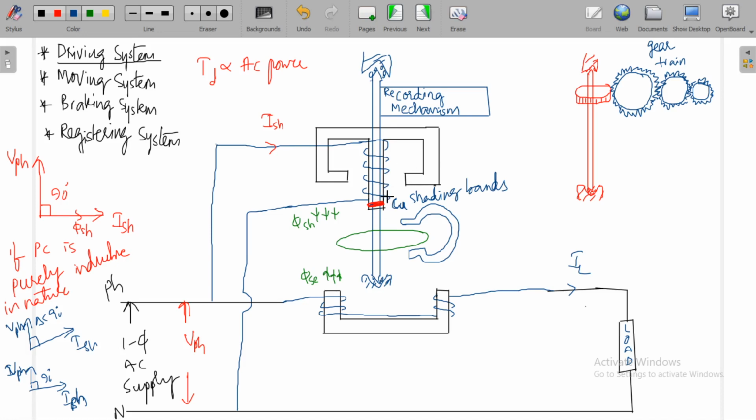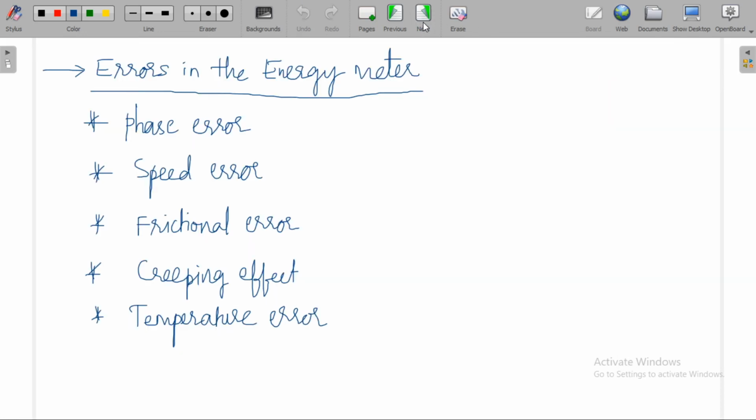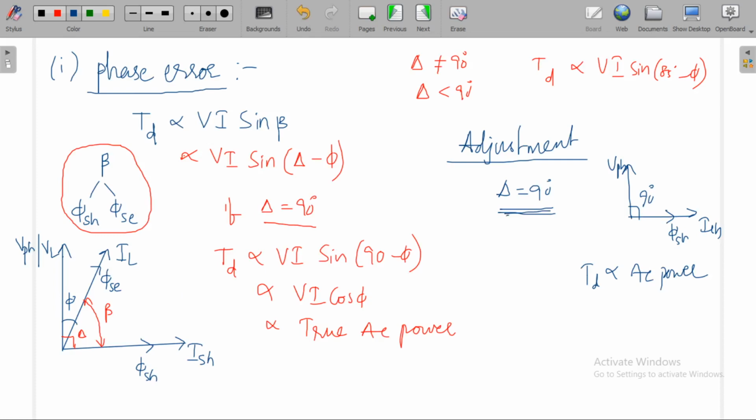You can get the required lag adjustment, that is delta equal to 90 degrees, by adjusting the position of the copper shading bands and changing this angle.